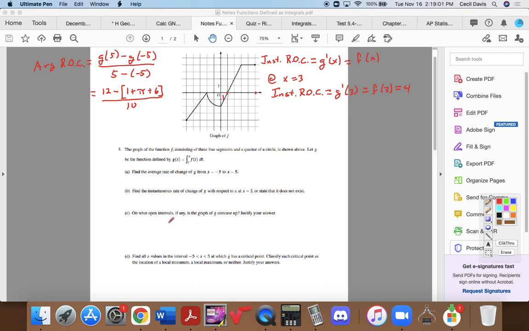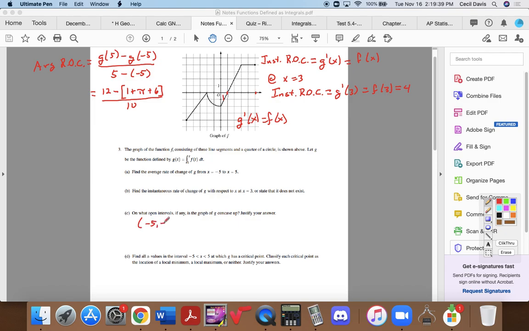All right, part C. On what open intervals, if any, is the graph of g concave up? Okay, again, think about the definition of concave up. A function is concave up where its derivative is increasing. So this is g prime of x, right? G prime of x is equal to f of x. Where is f of x increasing?